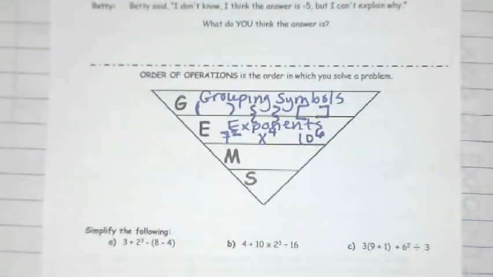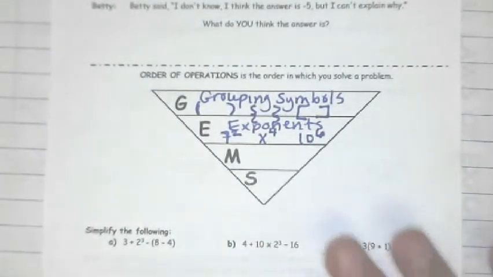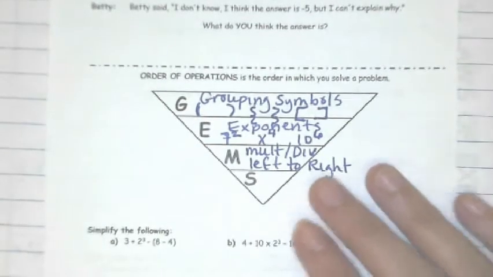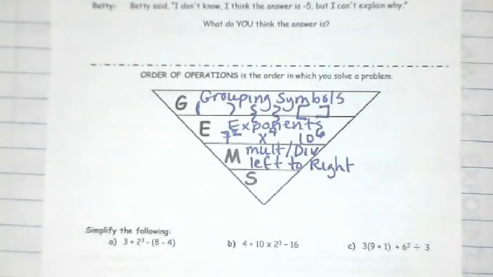Then M stands for, you have multiplication or division. Okay? And you want to work from left to right. So when you're coming up to multiplication and division, it's left to right. So multiplication not only comes first, always comes first. You work left to right.